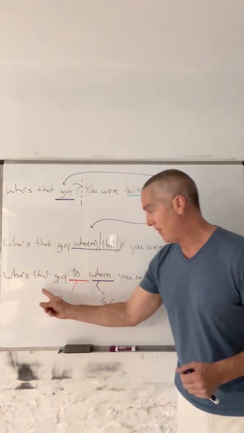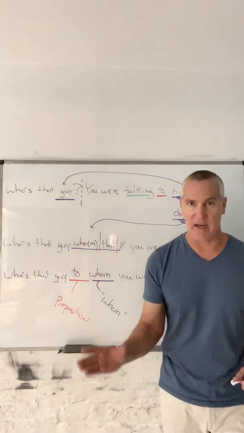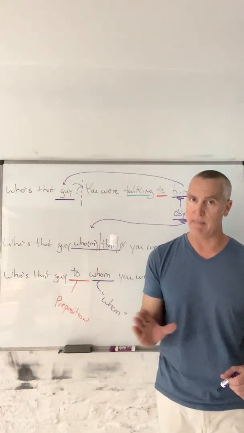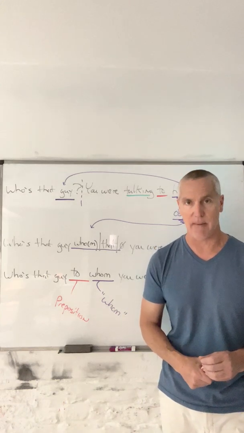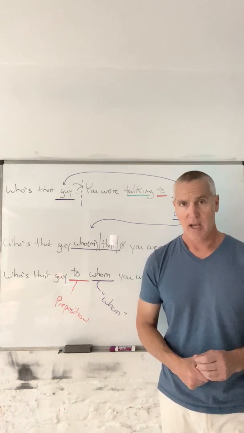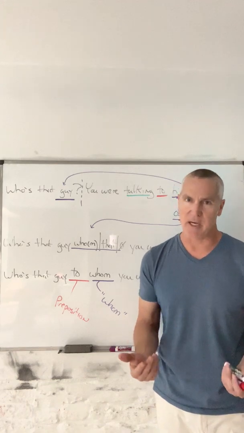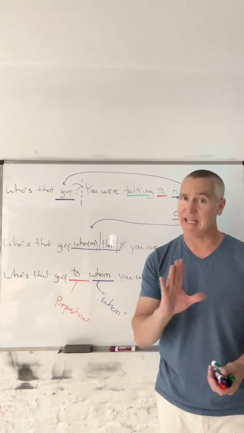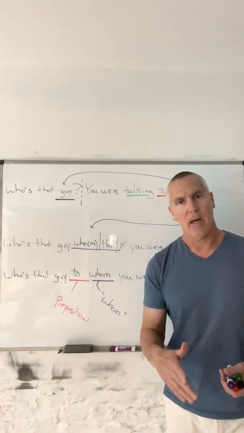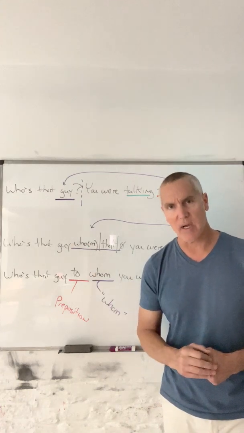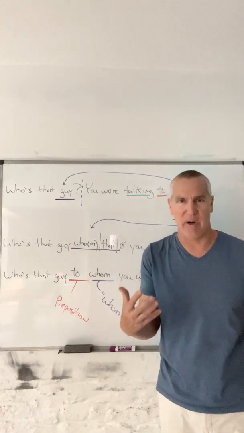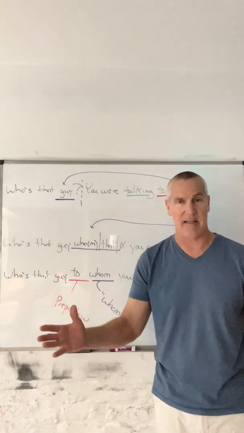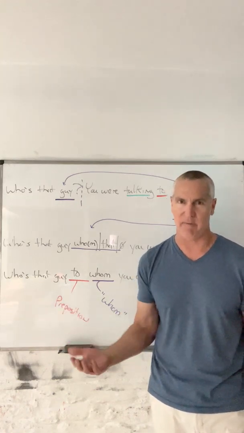Now again, this is a very formal combination that is much less common, especially in speech, and a native speaker would probably not say, who's that guy to whom you were talking? It just sounds very, very formal, like really almost out of context. This situation is not very formal.